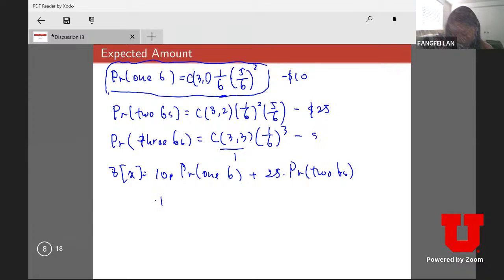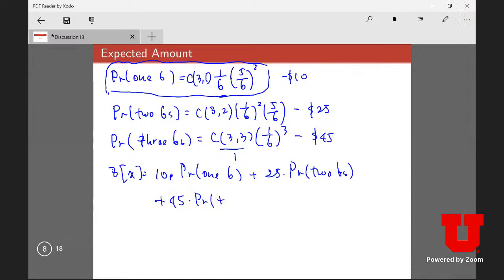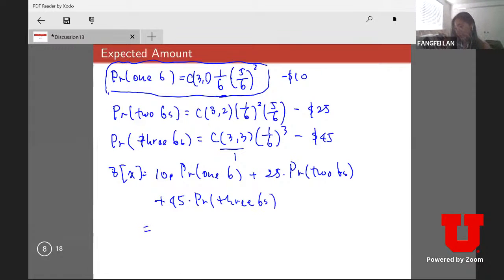And whenever this happens, we get $45. After we add them all together, we get something like $5.42.